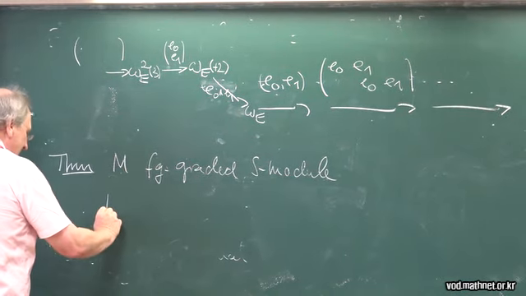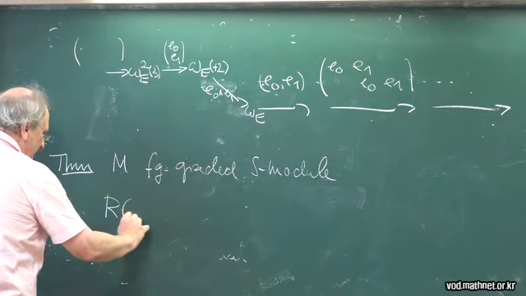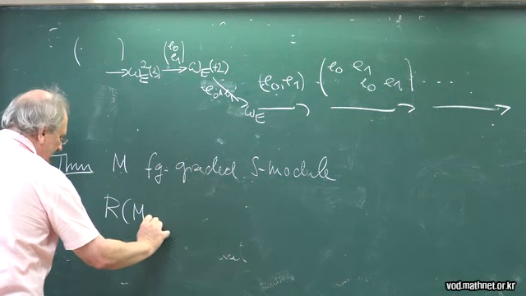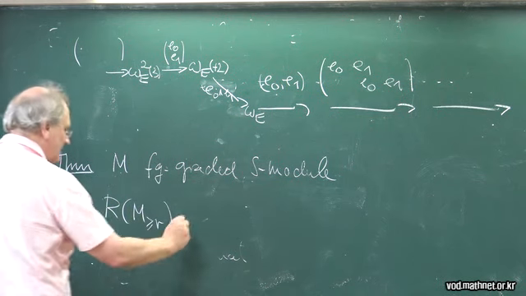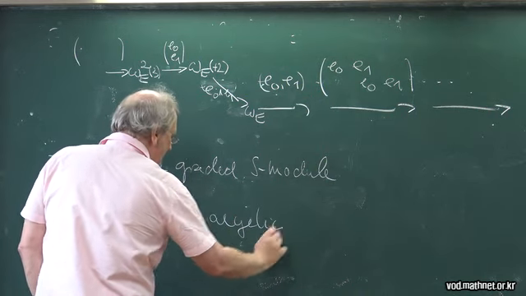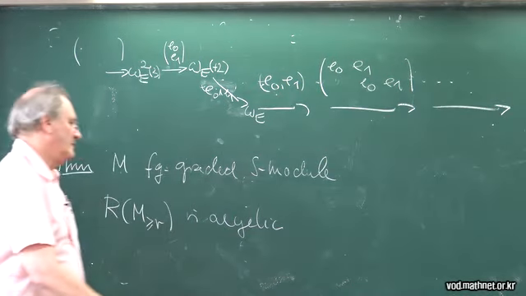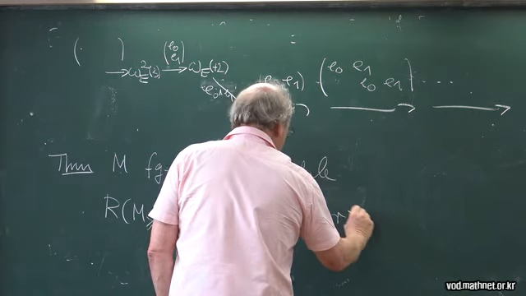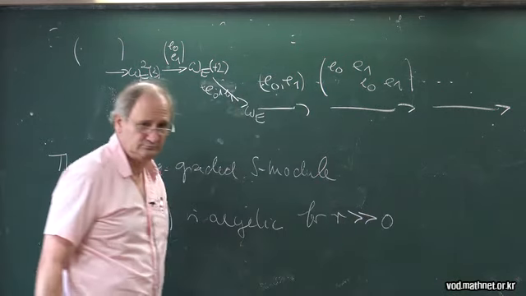Then R of M, graded equal to R, is acyclic for R sufficiently large.